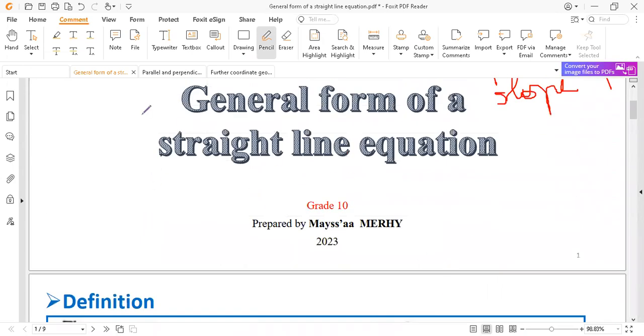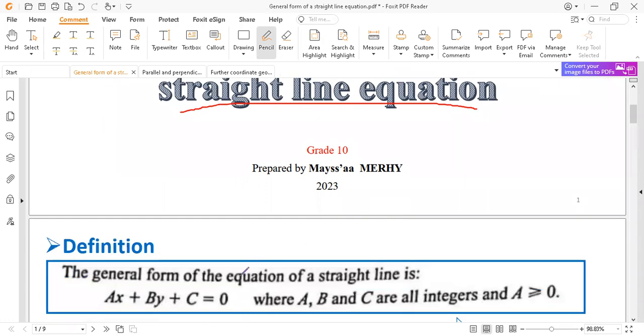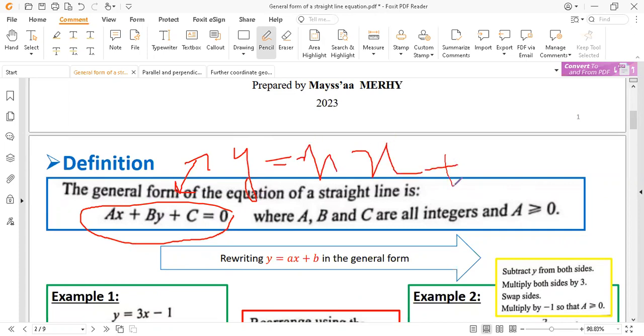So normally, the title of this section is the general form of a straight line equation. What do we mean by the general form? The general form of the equation of any straight line is of the form Ax plus By plus C equal to 0, and not y equal to mx plus b.